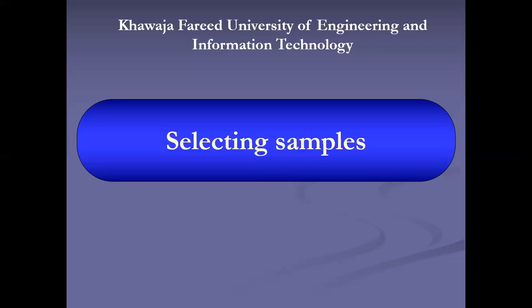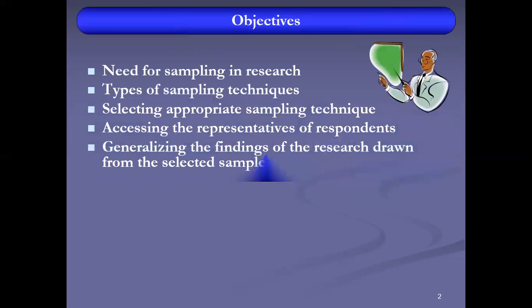For that purpose, we need to select a sample, a number of people that should be representative of the whole population. This is called sampling, selecting the sample.